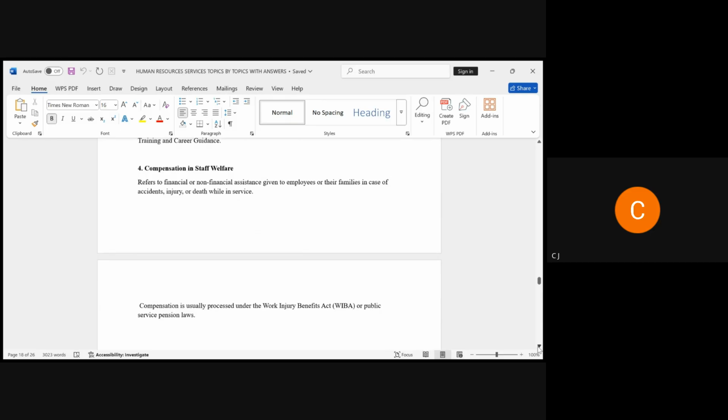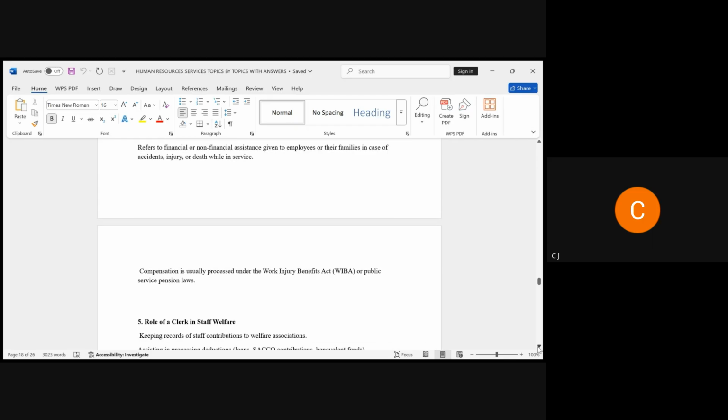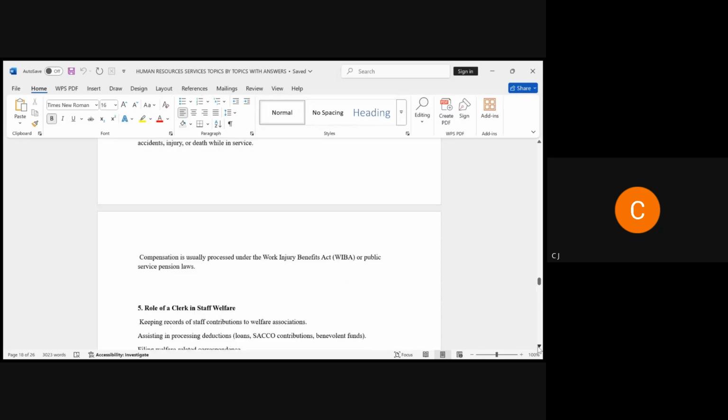Compensation is usually processed under Work Injury Benefit Act, WIBA, or Public Service Pension Law. Roles of a clerk in staff welfare: keep records of staff contribution to welfare, assisting in processing deduction, loans, SACCO contribution, benevolent funds.